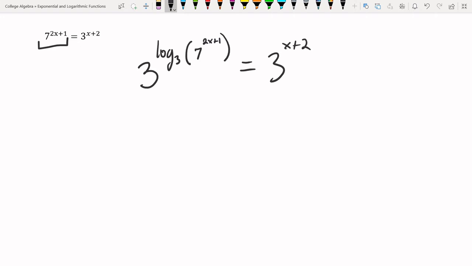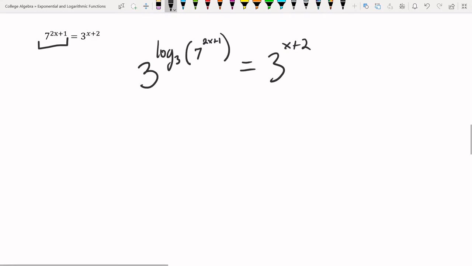So to prove to you that it's the same thing, all I have to do is cancel the 3 in the log base 3 because they're inverses of each other, and we'd be left with the exponent. Well, that exponent is the exact same thing as this. So I actually haven't changed the problem at all. I've just put in a function and its inverse.